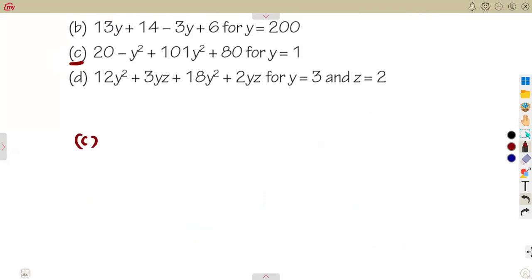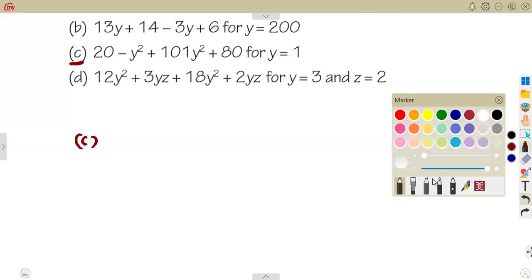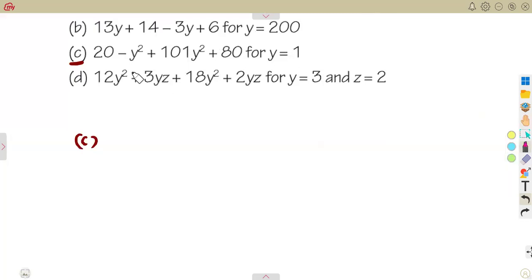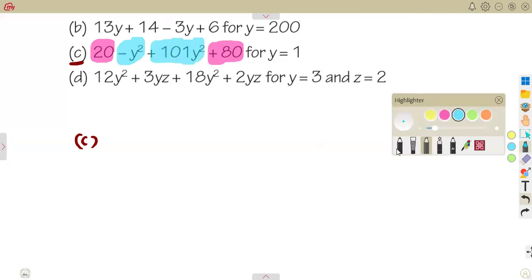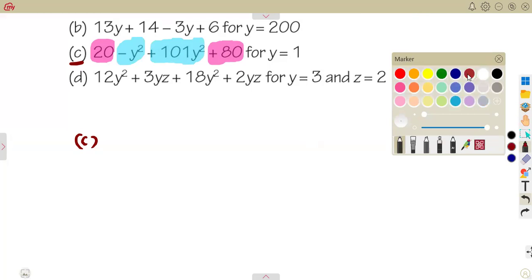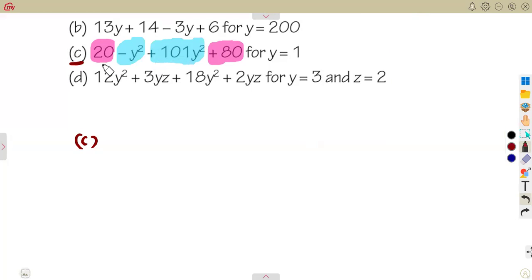You can consider the like terms first before you substitute the value that you're given. So there we've got like terms, the constants. There is a 20 there. There is an 80. These are like terms. Minus y squared and plus 101 y squared. So we can consider this 20 plus 80.